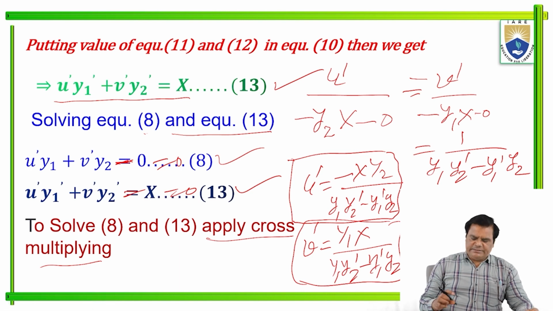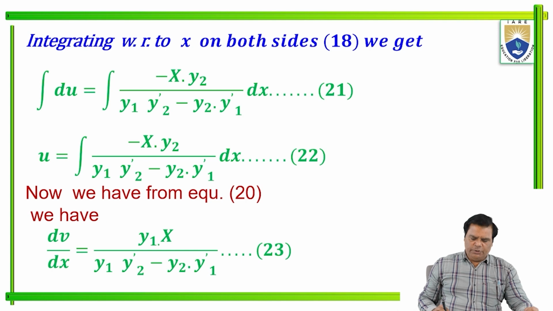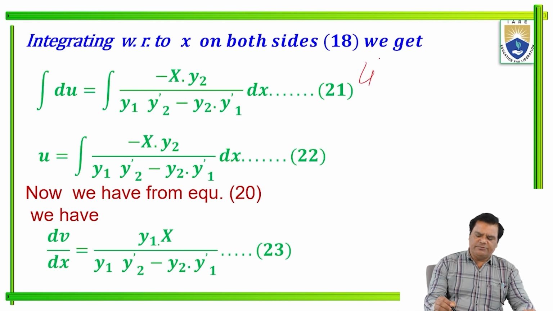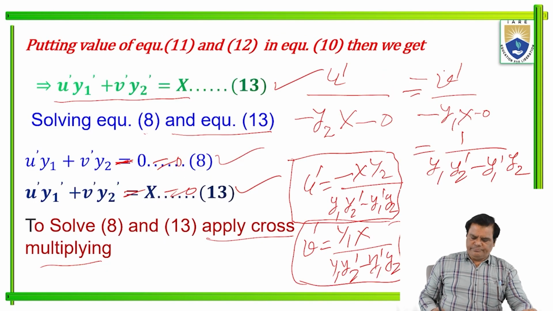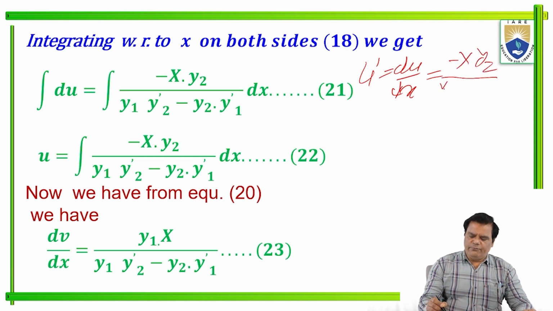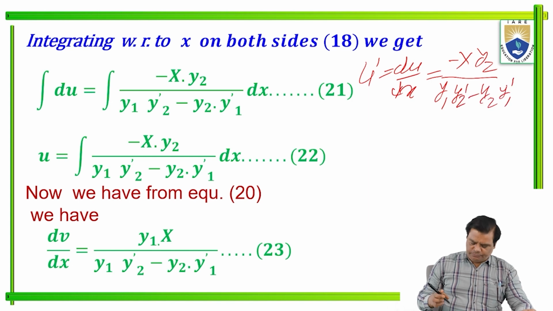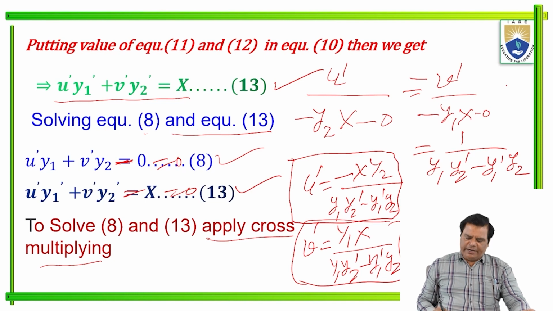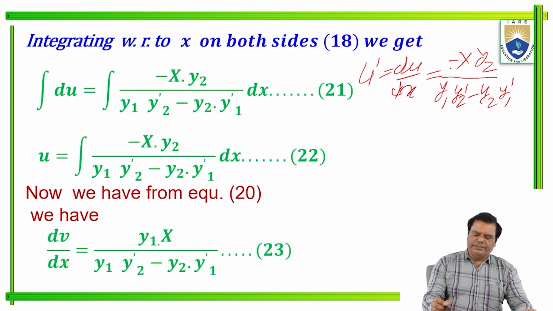Now u dash means du over dx. Du over dx equals minus x y2 upon y1 y2 dash minus y2 y1 dash, correct. So this is this.